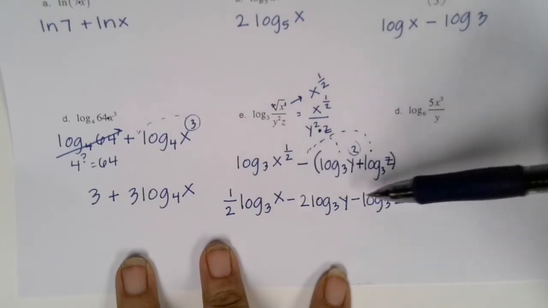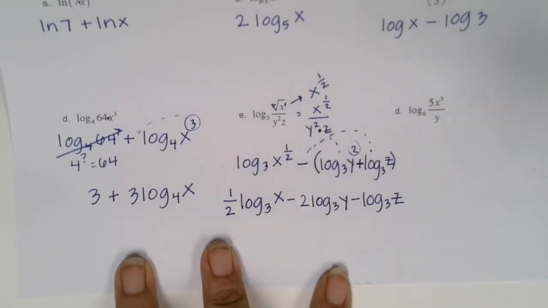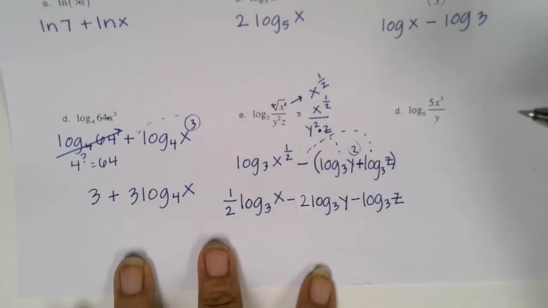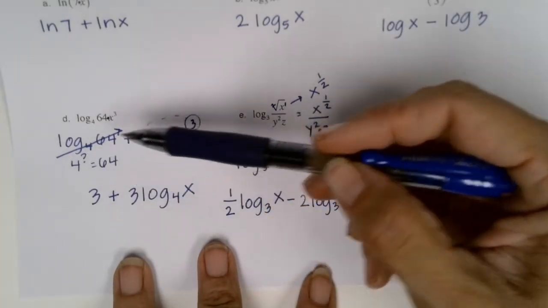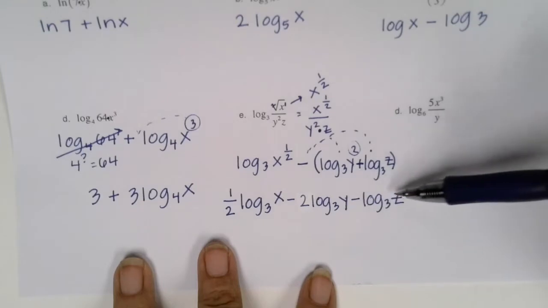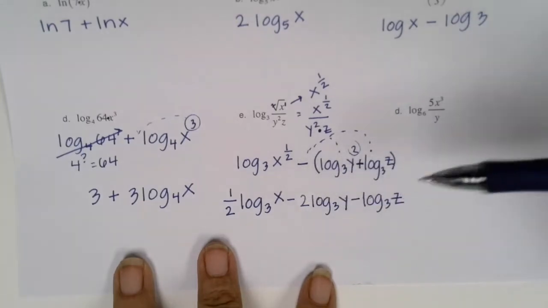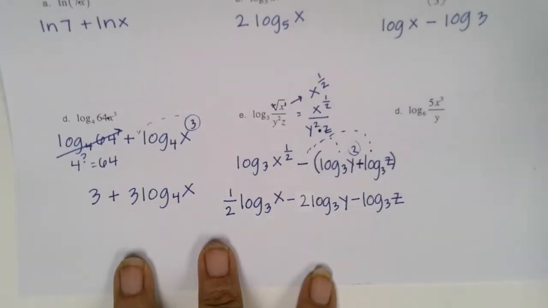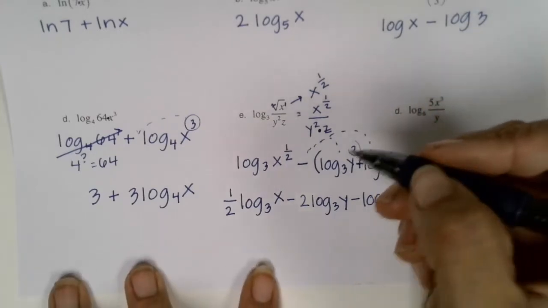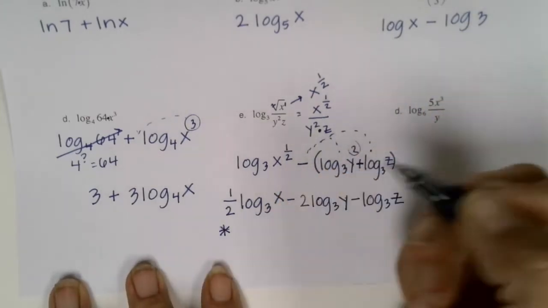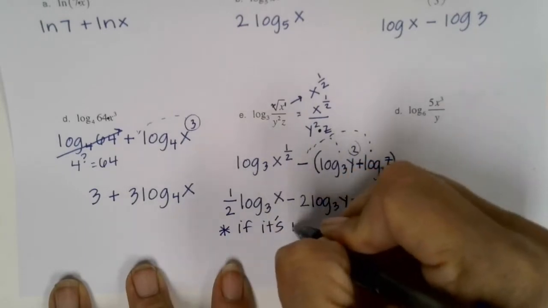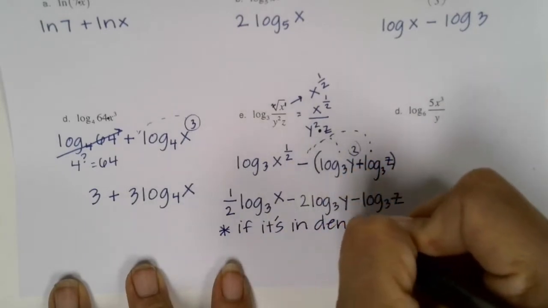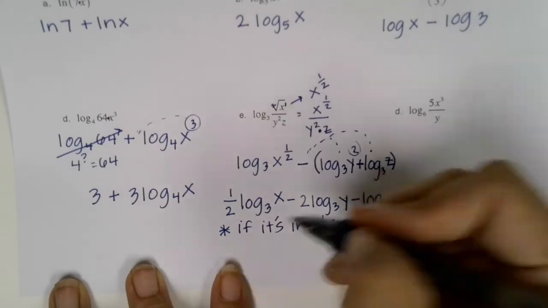There's only one value in each argument, and then I know I'm done. I also am checking to make sure that, like I did over here with 4 to what power is 64, I can't do that here, but because all of the arguments are variables, you're not going to be able to. One helpful trick is to remember that if it's in the denominator, it automatically will be a minus.